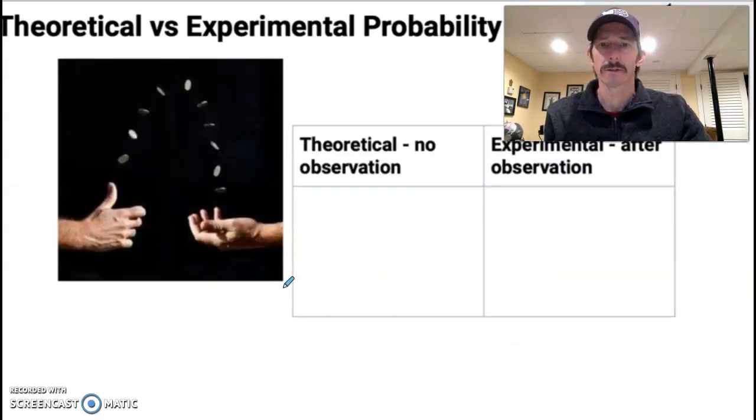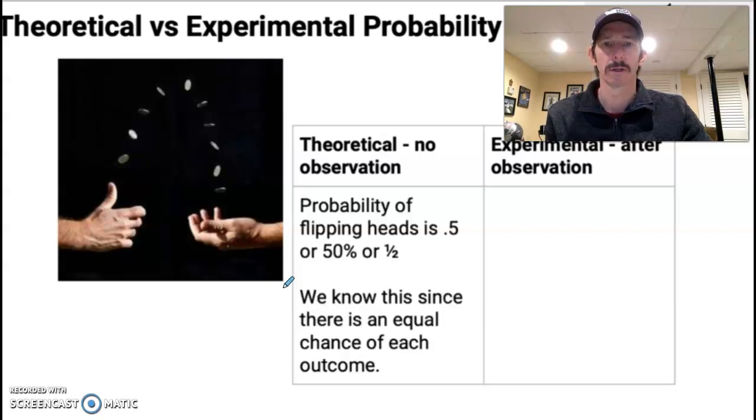So we're going to look at two different types of probability, theoretical and experimental. Theoretical, you do not have any observations at all, and experimental is based on what you actually have found after many trials. So coins, we've been flipping coins forever. The chance of getting a heads is 1 out of 2 or 50%.